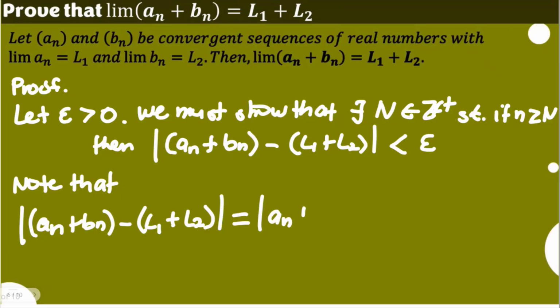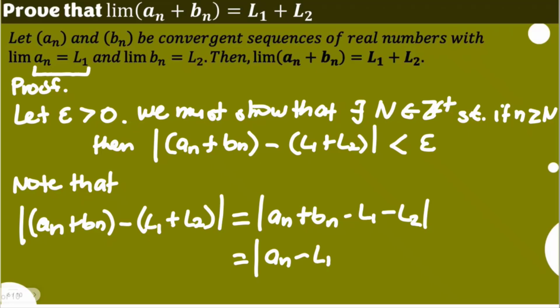You have a sub n plus b sub n minus L sub 1 minus L sub 2, which can also be transformed into a sub n minus L sub 1. We are pairing this because we are given that the limit of a sub n is L sub 1, so they must be paired together, with b sub n and L sub 2. As we pair them, this is plus because b sub n is positive, still minus L sub 2.